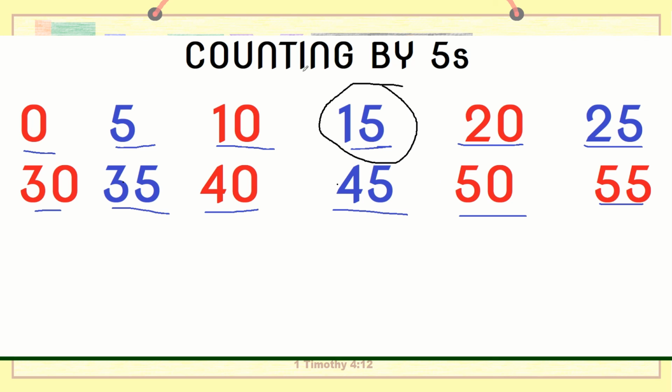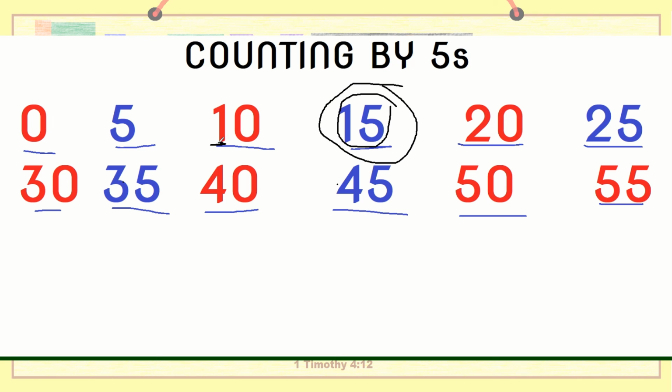But the thing is, you have to remember that we're in the tens, and there is a 15. We're in the teens. You know, we have 10, 11, 12, 13, 14, 15. And 15 ends in 5. So you cannot forget 15. We're in the ones.